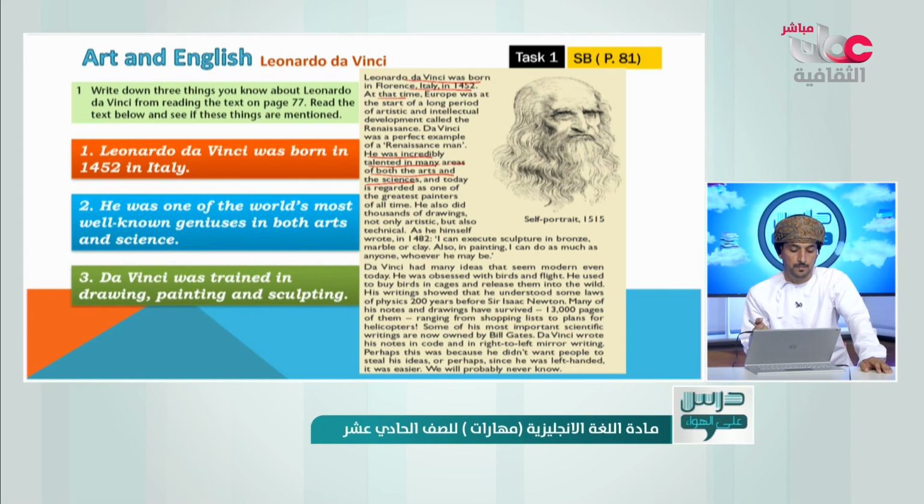And finally, Da Vinci was trained in drawing, painting, and sculpting. And you will find here he was a great painter and also a drawer. He was good at drawing and was also excellent as a sculptor.